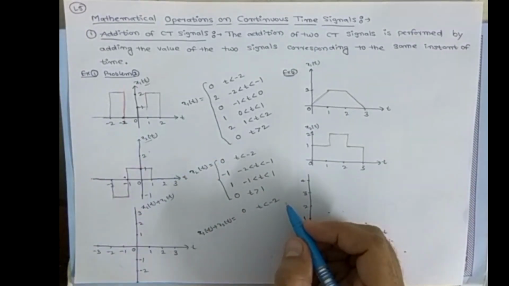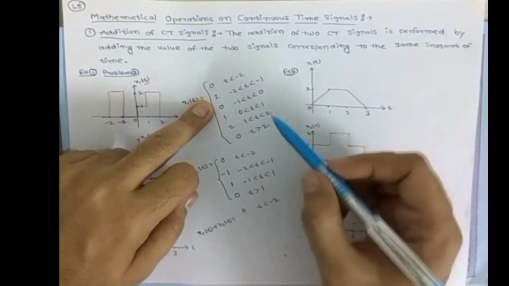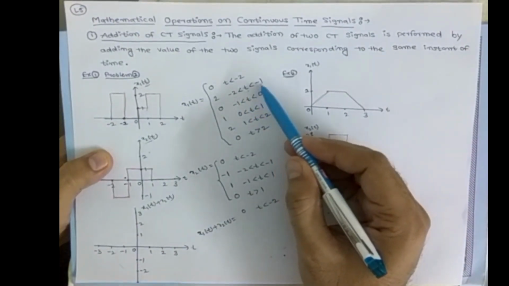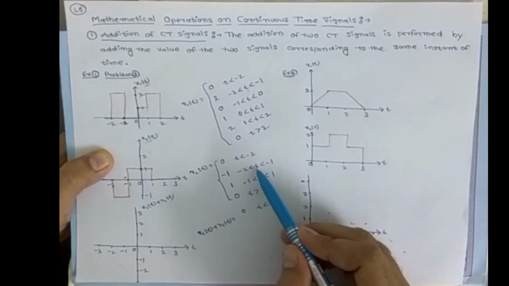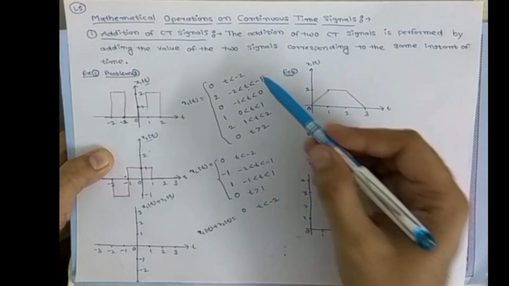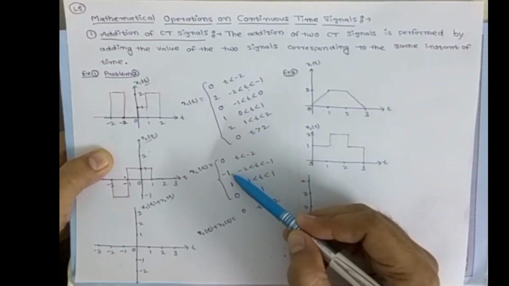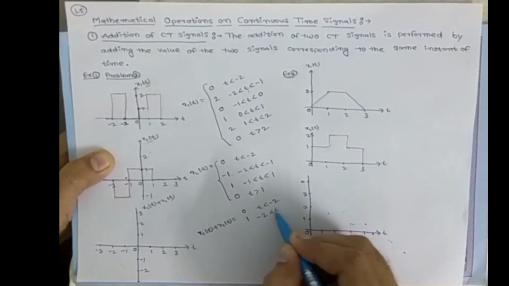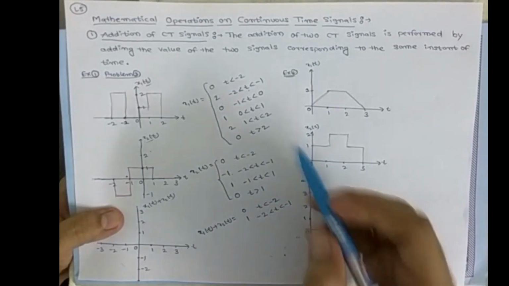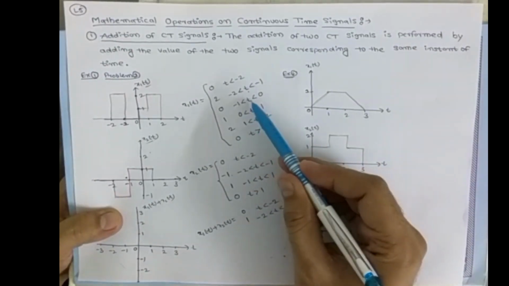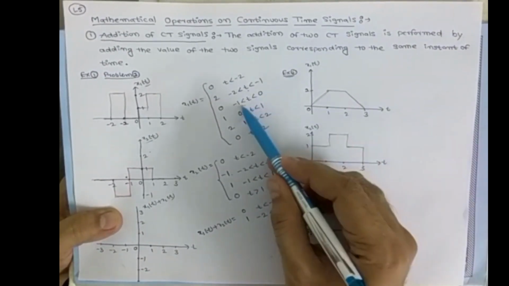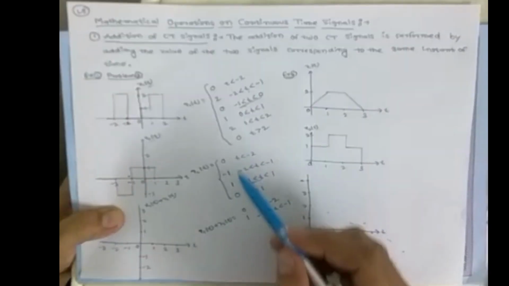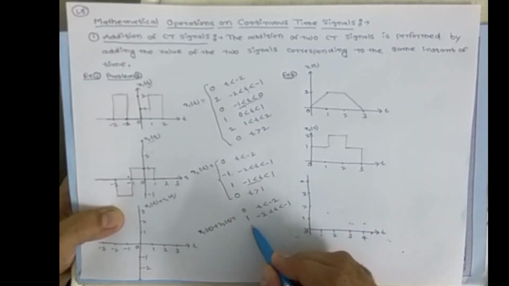For minus 2 less than t less than minus 1, it is 2 and minus 1, so the total is 1. For minus 1 less than t less than 0, it comes in between, so 0 plus 1 is 1.